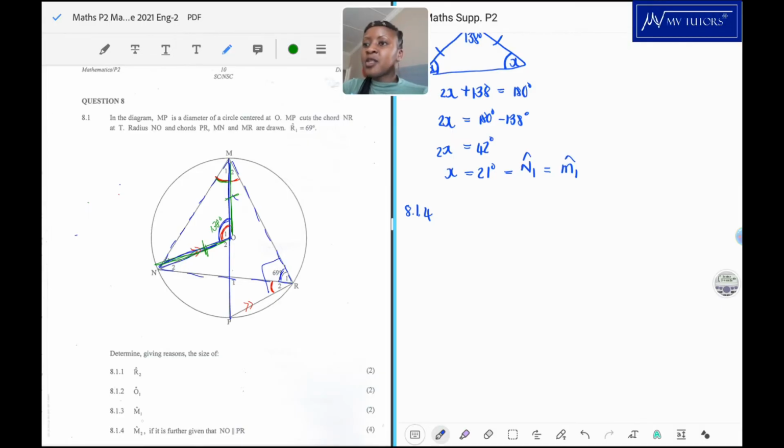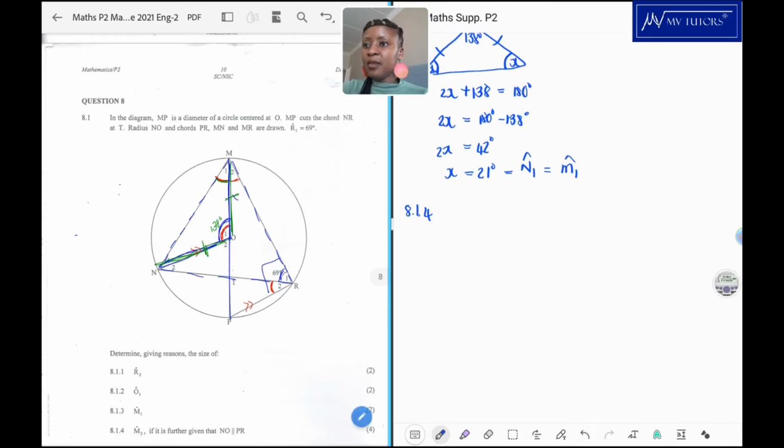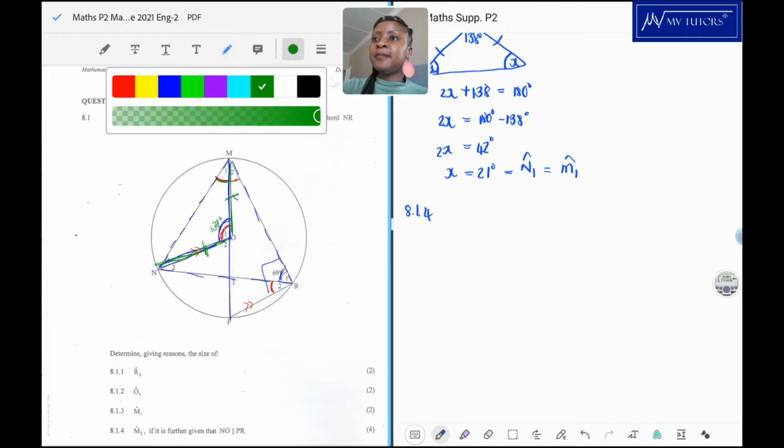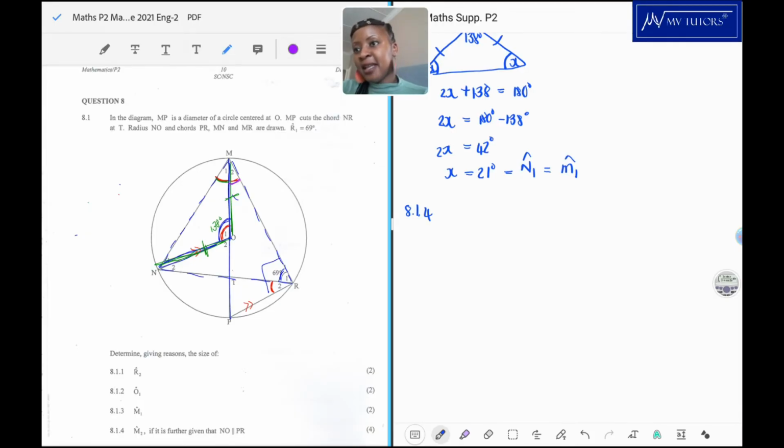8.1.4. So now we need to get M2, if it is further given that NO is parallel to PR. So let's go at it again. So M2 is here, and they told us that these two are parallel.